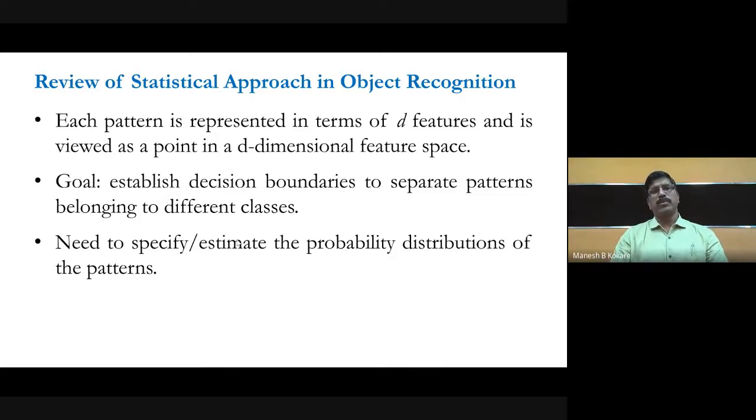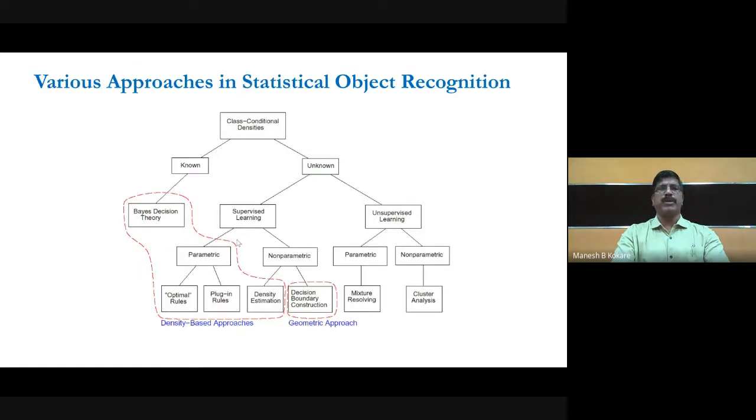So there is a need to specify or estimate the probability distribution of the patterns in a statistical approach. If you see the overall statistical approach to object recognition, if the class conditional densities are known, then you can use Bayes decision theory. This is basically a density based approach.